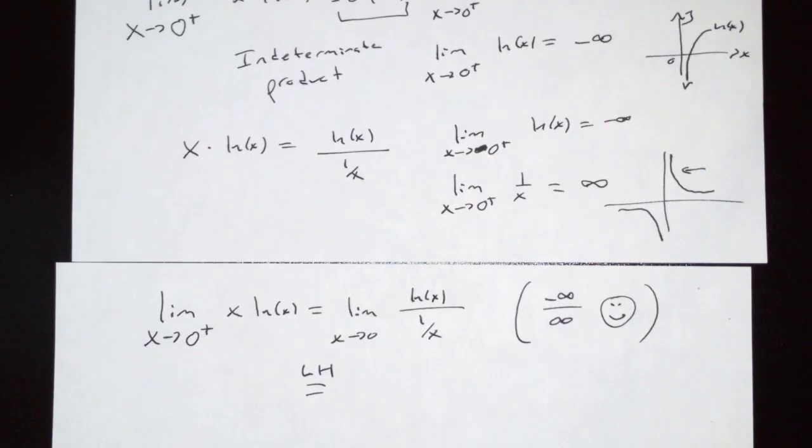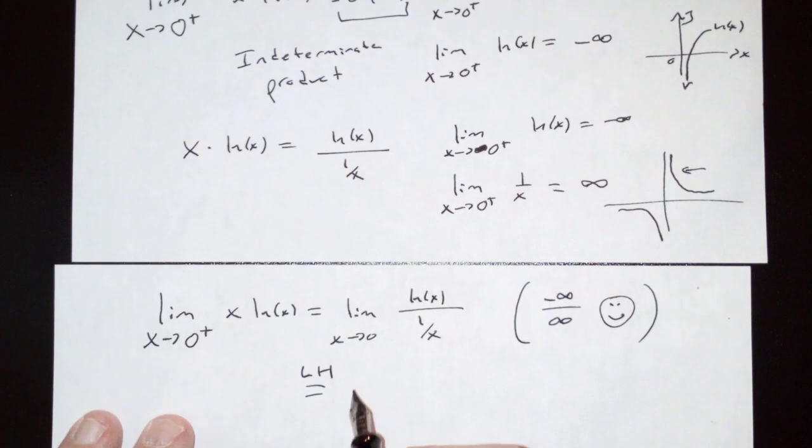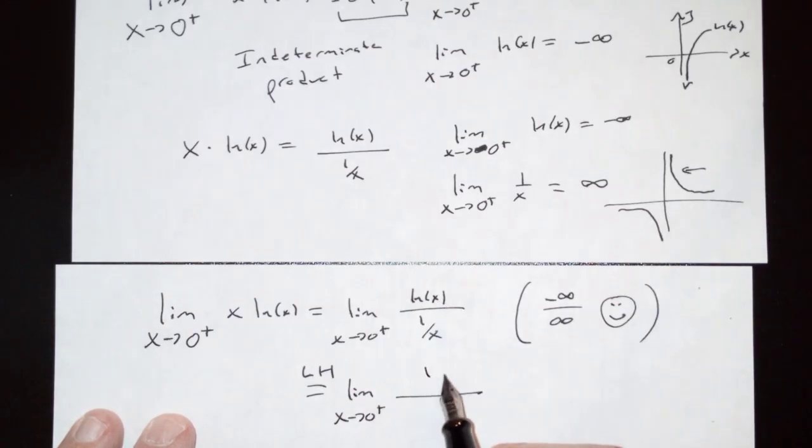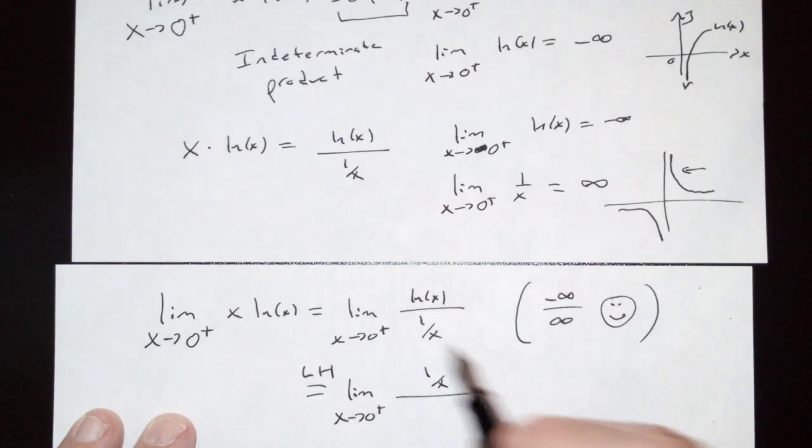If the top and the bottom are both infinities, I can do L'Hopital's rule. What is the derivative of ln of x? What's the derivative of 1 over x?